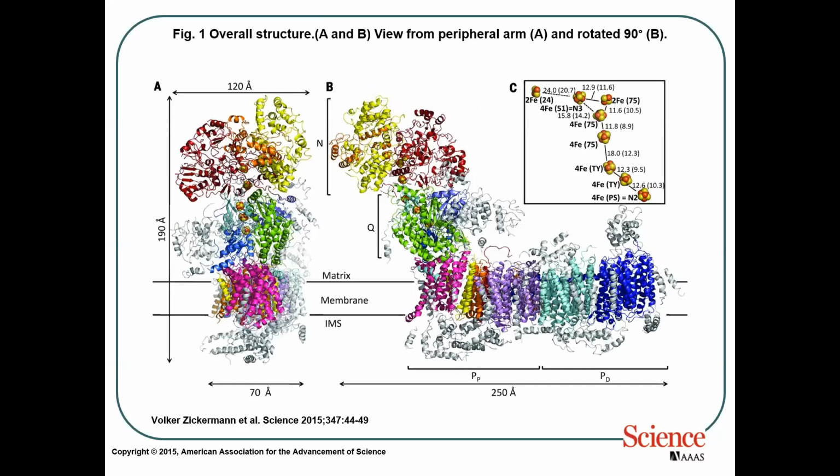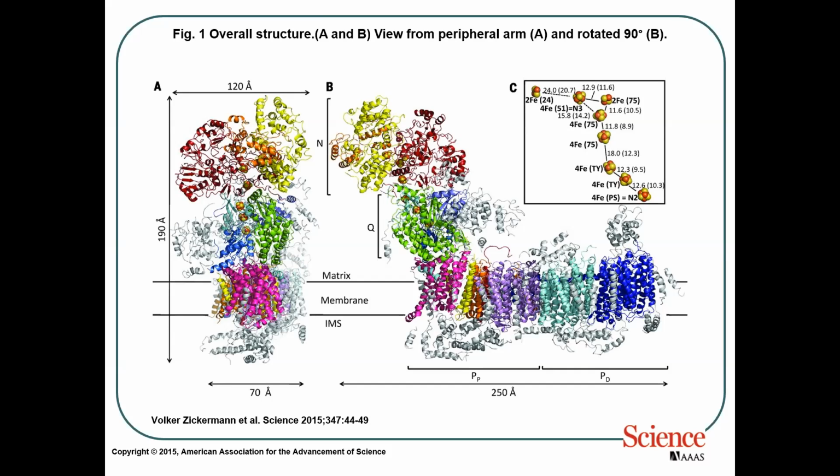So here is a crystal structure of a complex 1. This is from the yeast Yarrowia lipolytica. And this is from a paper in Science Magazine, 2017. Did I get that right?